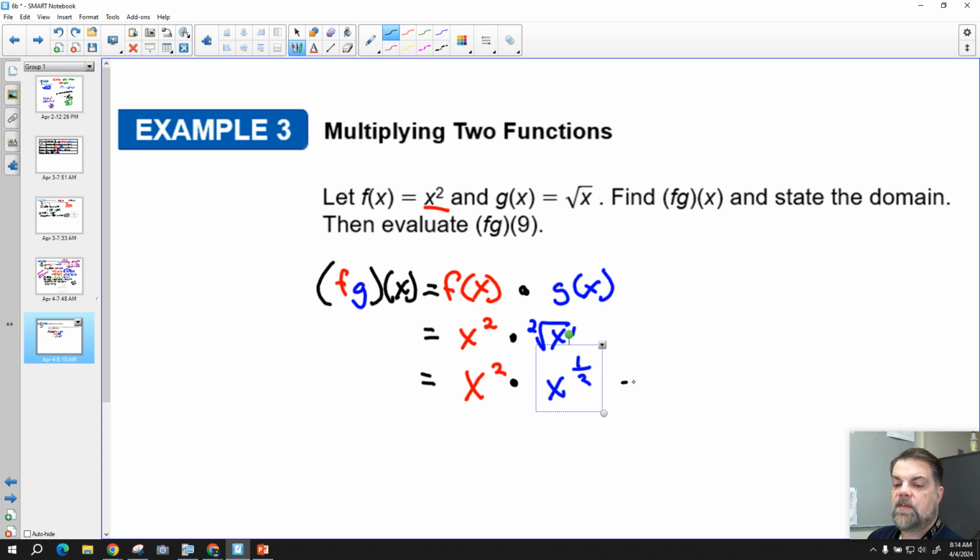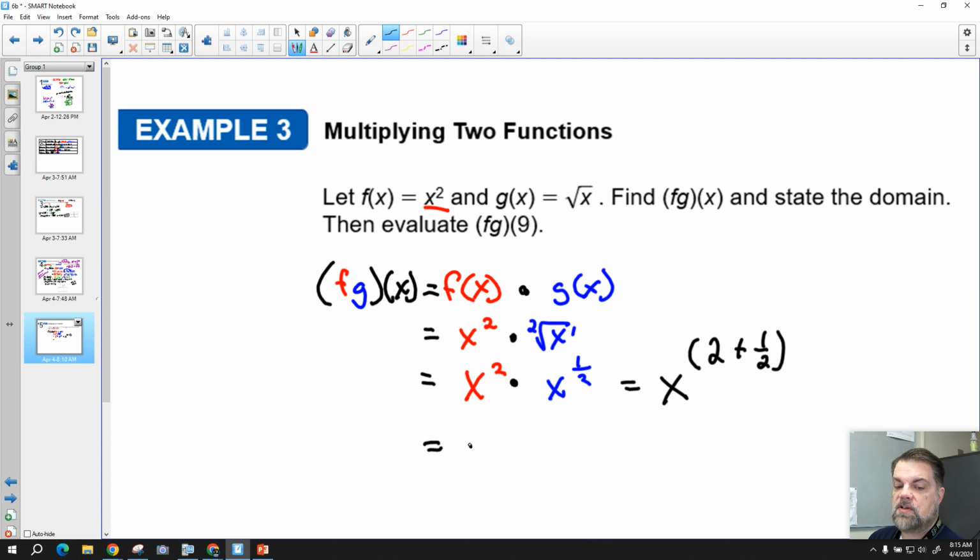So what's the shortcut for that? What do we do with these exponents? Do I add them? Do I multiply them? We add them. So this is the same as x raised to the 2 plus 1/2. But now, in order to add all that up, I need to change the 2 into a fraction that has the same denominator as 1/2.